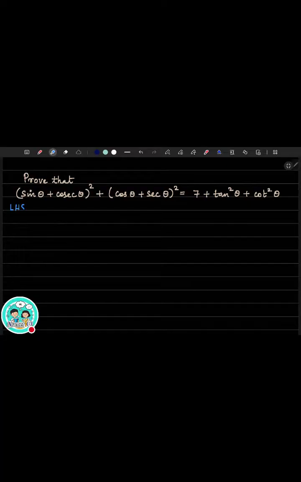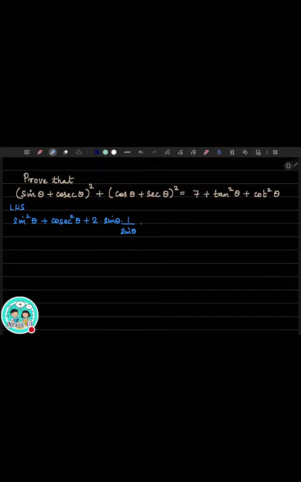Let's take our LHS. Okay, a plus b the whole square. So this is nothing but a square, sine square theta, plus b square, cosecant square theta, plus 2ab. So 2 multiplied by sine theta multiplied by cosecant, I will write it as 1 by sine theta.